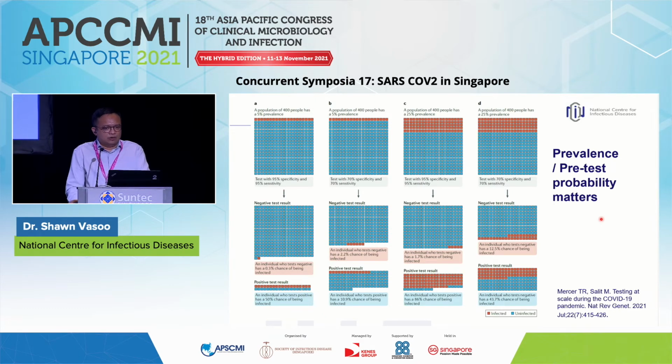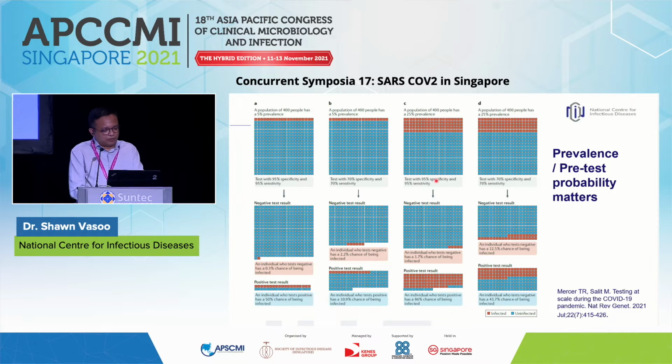But again, whether it is with PCR or RDTs, prevalence and pretest probability matters. So I think this colored diagram here in this paper actually illustrates this principle quite well. If you have 5% prevalence and a population of 400 people have been tested, you can see that an individual who tests positive has a positive predictive value of about 50% of being infected.